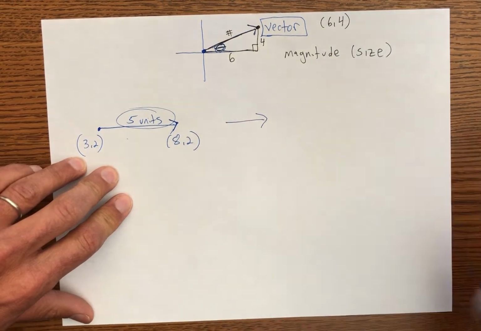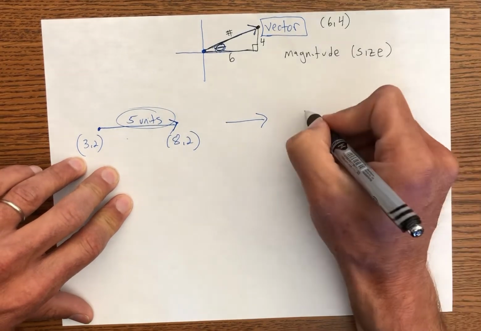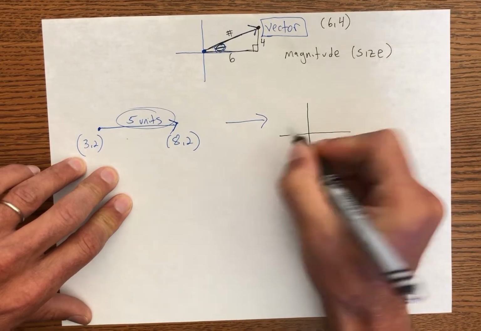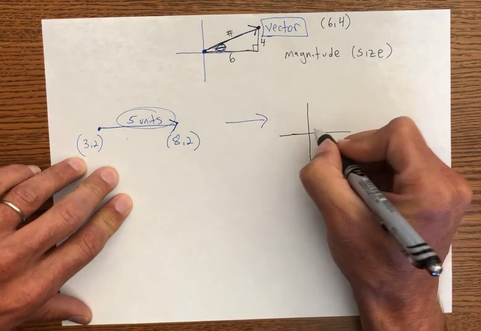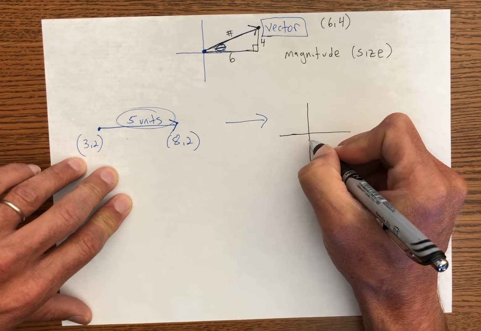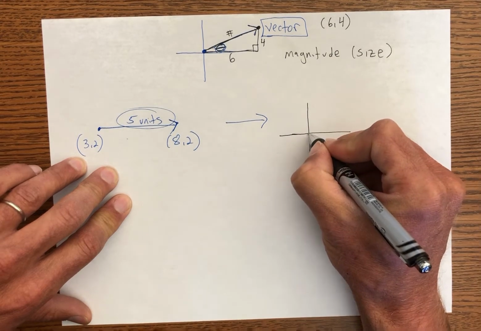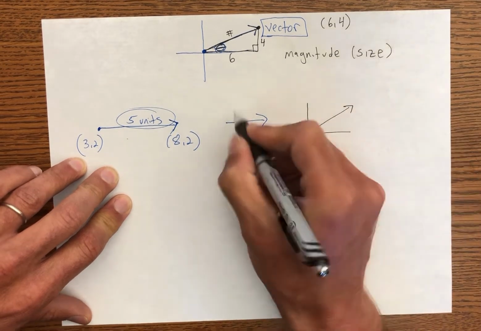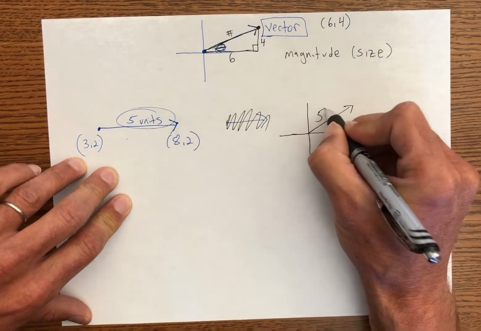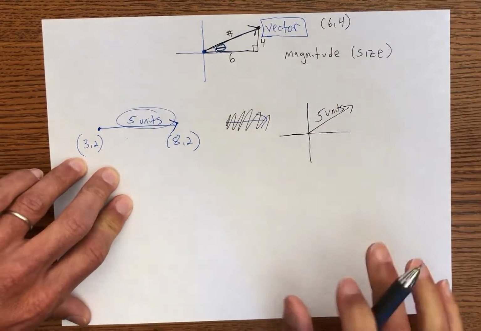I also say in the notes, we have this vector. No, this isn't the same one. This is going to be a different one. Let's just take another vector that has moved 5 units. Vectors are labeled in a couple of different ways.